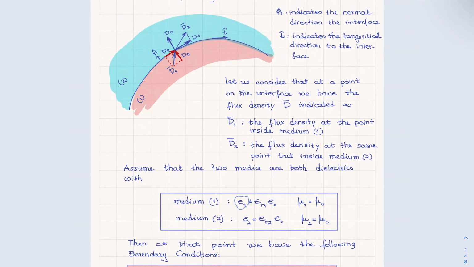One is the electric permittivity, we usually call it permittivity, and it's equal to the relative dielectric constant times the permittivity of free space. And then there is the magnetic permeability, we call it permeability. And for dielectric materials, this is always equal to the permeability of free space. And we use these constants, epsilon1 and epsilon2, for the two media.